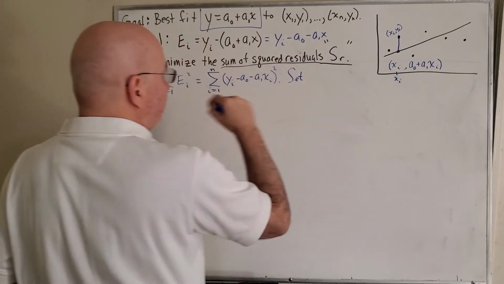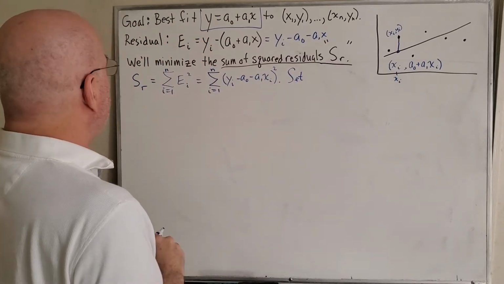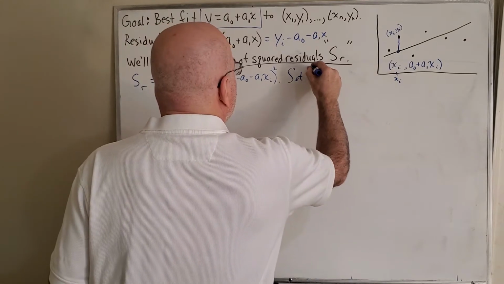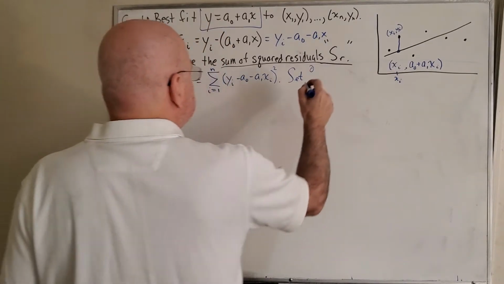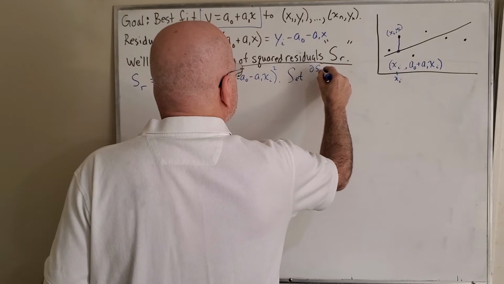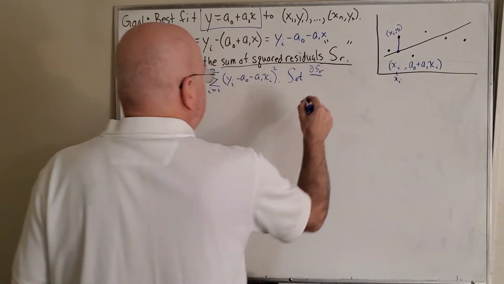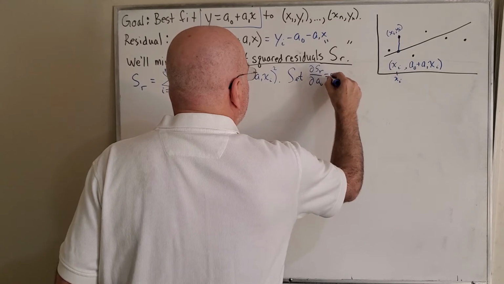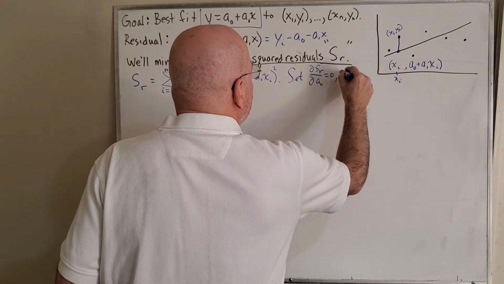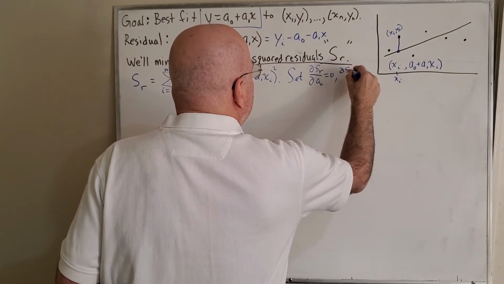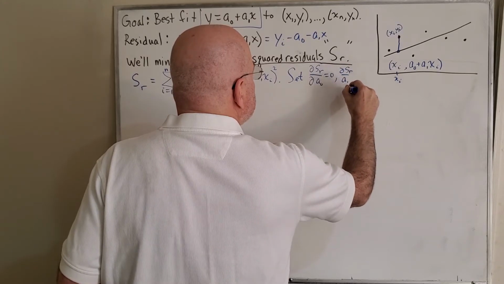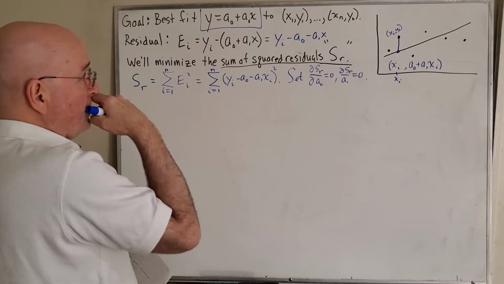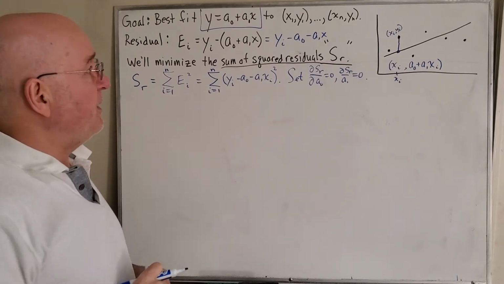I want to make sure I have enough room here, so I'm going to squeeze it in and write small. Set the partial derivative of SR with respect to A0 equal to 0, and the partial derivative of SR with respect to A1 equal to 0. Remember, A0 and A1 are our only unknowns right now.